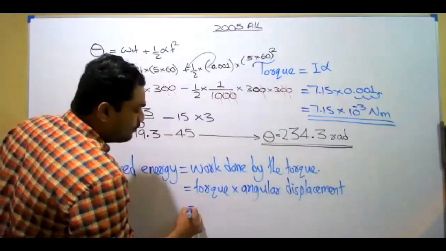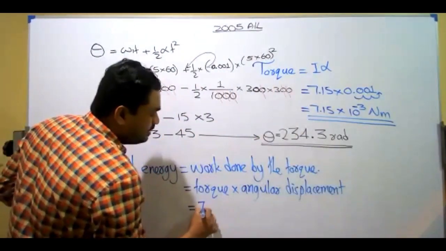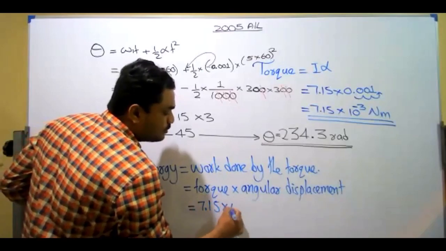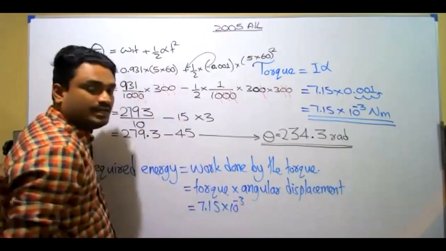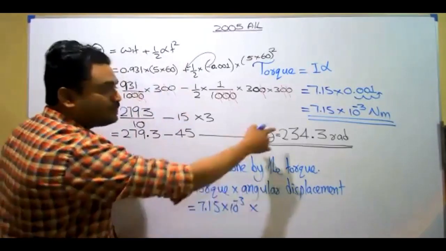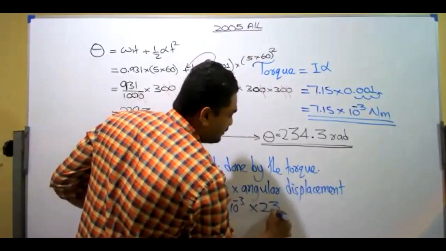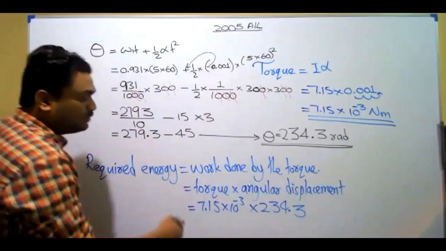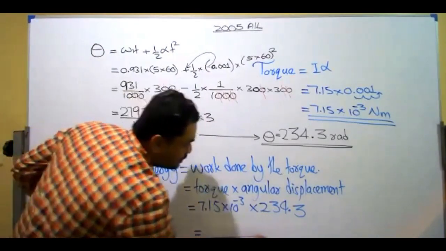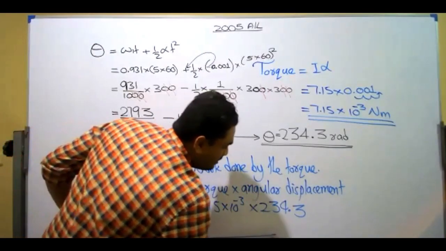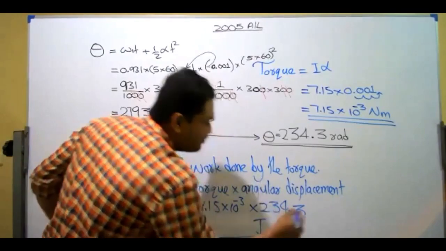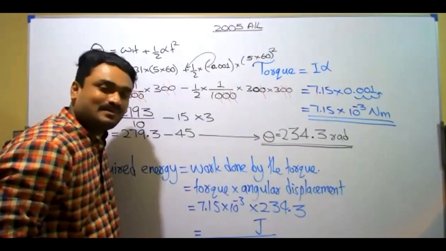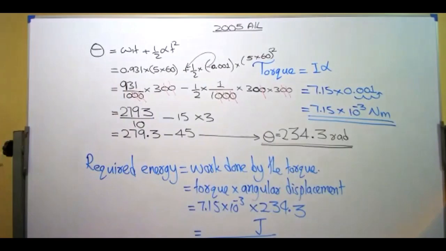The torque, we have found as 7.15 into 10 to the power minus 3. Angular displacement, we have found as 234.3. So the amount of energy needed for this process will be some joules, right? Just multiply and tell me the answer. Do it. Send your answer to the Zoom chat.